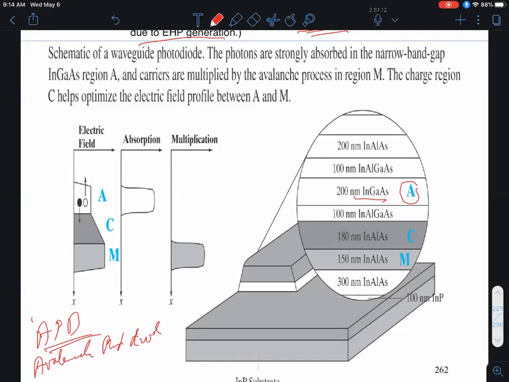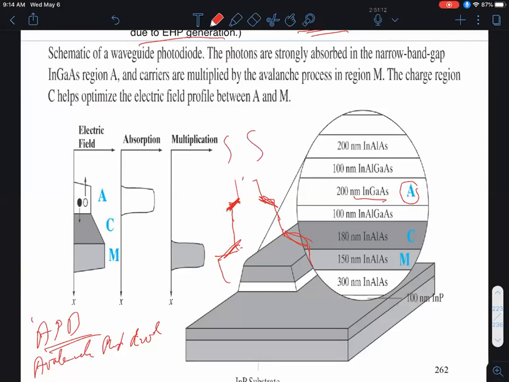So if I was to draw the band diagram as a function of depth, I'd have low band gap in the absorption region, then a higher band gap in the so-called charge separation region, and then finally in this multiplication region, I'll have a larger band gap, okay? Now in general, of course, you don't have sharp transitions like that because that can give rise to problems. You grade the heterostructure and you have smooth variations of the band gap in these heterostructures, all right?